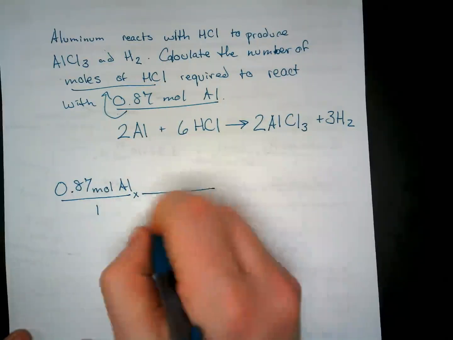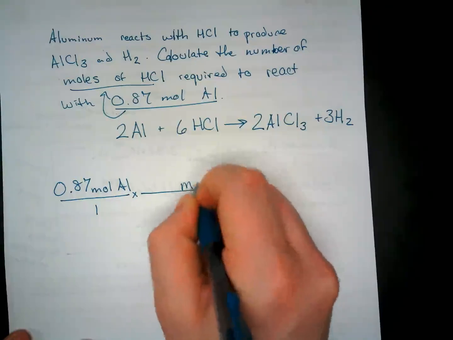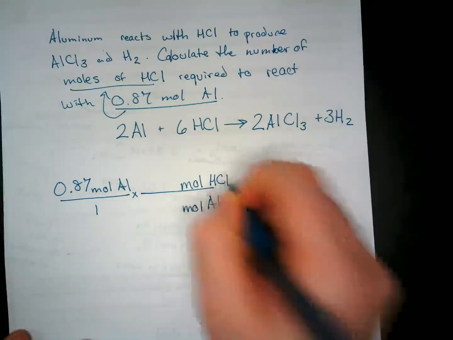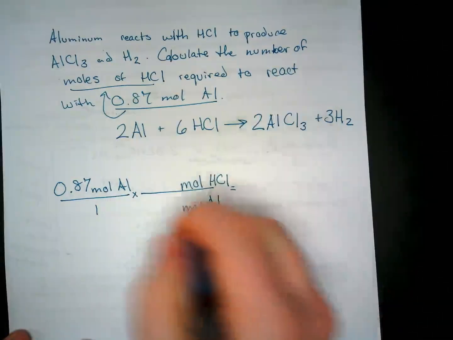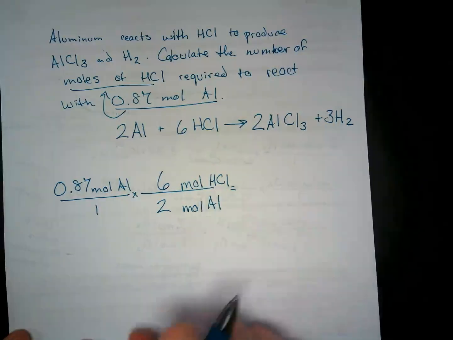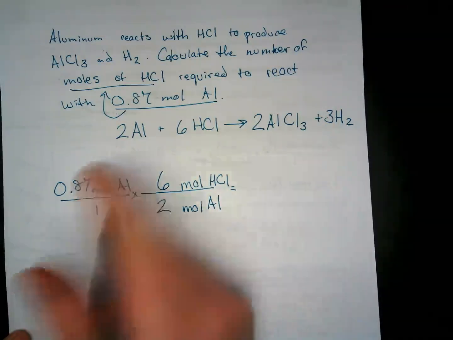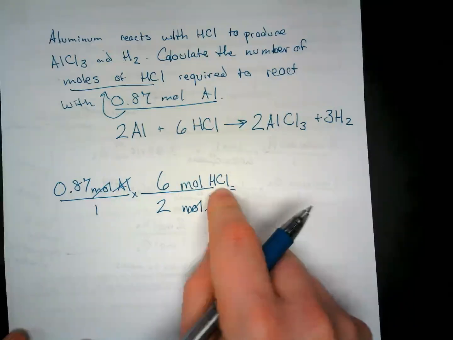Moles of aluminum will be on the bottom, moles of HCl up top. So what's my ratio? There's 2 moles of aluminum to 6 moles of hydrochloric acid. These will cancel out, and we'll be left with just moles of hydrochloric acid.